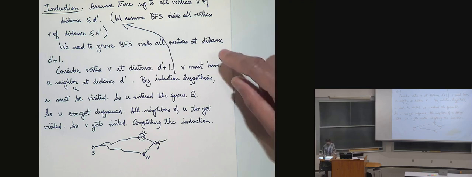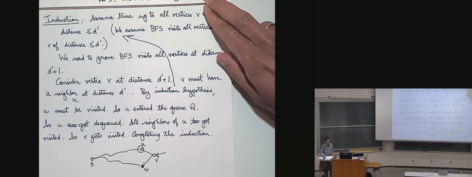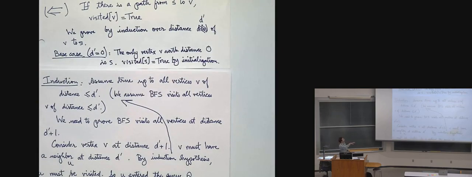How did I come up with this one? Well, that is a good question. Based on the discussion and thinking about it, it seems like an induction over the distance is the right thing to do. And once I guessed that, I did it. The answer is I've been doing this for a decade, so I can do this in and out.